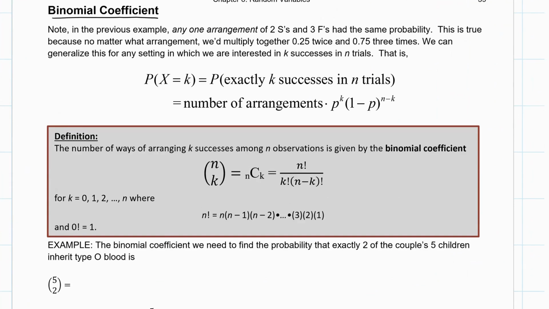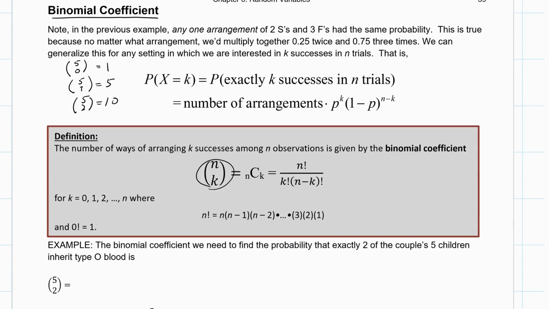The binomial coefficient is a way to find out that number of ways, without having to enumerate all the different things. We say that number is pronounced n choose k. In the first example, it was 5 choose 0, which was equal to 1. In the second example, it was 5 choose 1, which ended up being 5. And in the third example, it was 5 choose 2, which was 10.